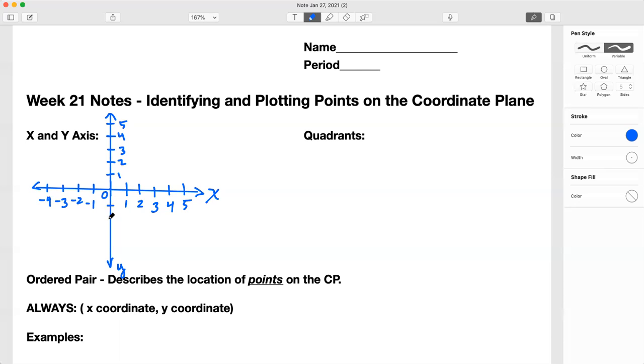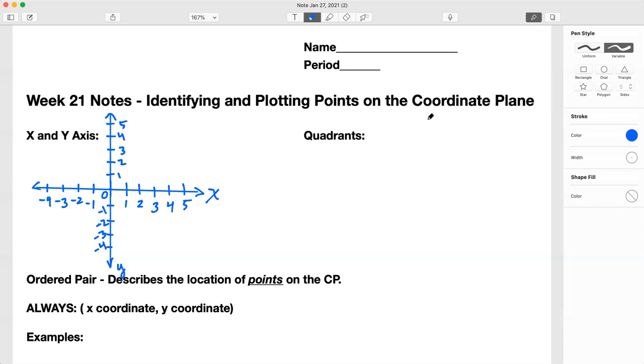And then -1, -2, -3, -4. And again, I ran out of room for the -5. But right here, what we have is a coordinate plane. We have two axes. We have the x-axis and the y-axis. Okay.